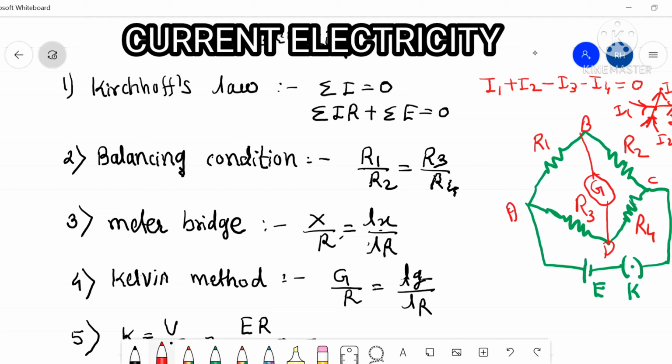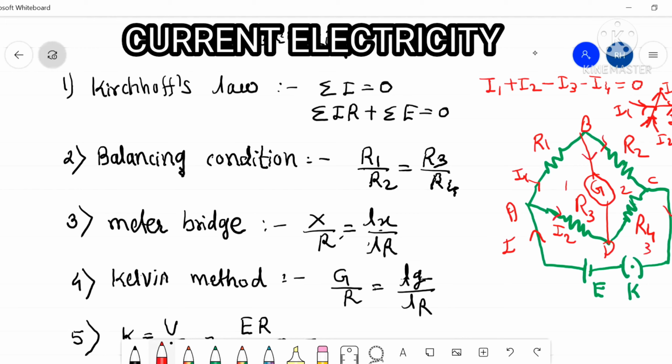The current flowing through A divides, here it is flowing I1 and here it is flowing I2. Then they combine again and here you get the current I. Here again we can use Kirchhoff's first law and second law for these 1, 2 and 3 loops of it.